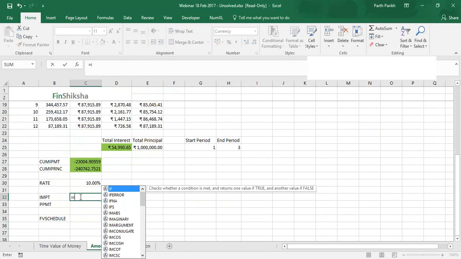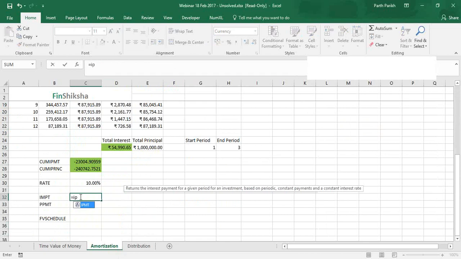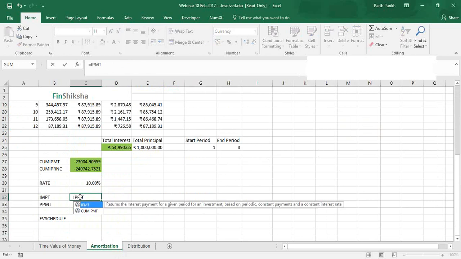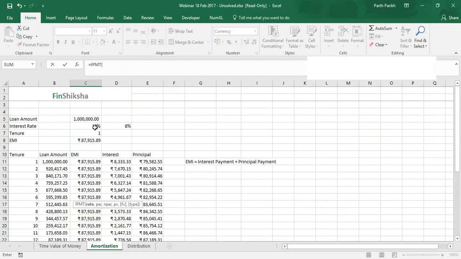These are all auxiliary formulas, corollaries from the same formulas. There is something called IPMT, which returns the interest payment for a given period. So within that one particular period, how much interest have I paid. What is my rate again? This is 10% divided by 12. Period, which is over here, which is 1.